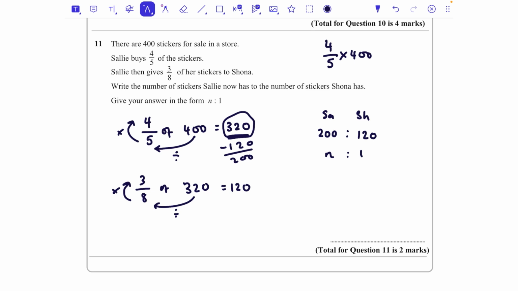Now, if you want this side to be 1, we're going to need to divide by 120. And if we're dividing this side by 120, we're also going to need to divide the other side by 120. So 200 to 120, 200 divided by 120 is 1.6 recurring. So it's 1.6 recurring to 1. That would be your final answer there for 2 marks. 1.6 recurring to 1. Okay, fabulous.